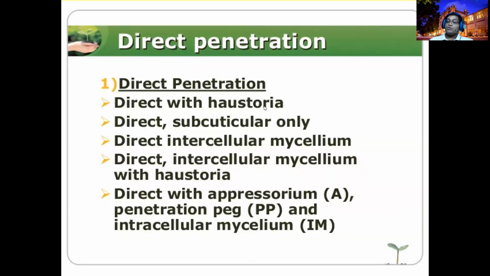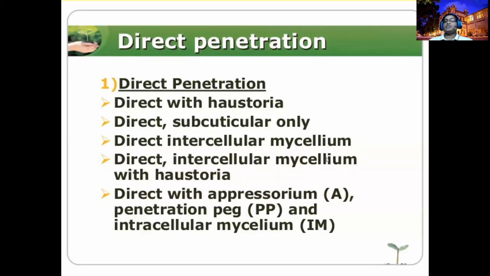Either it produces haustoria directly, or the subcuticular mycelium can produce haustoria. Once this haustorium is produced, the mycelium will advance further and produce another structure we call an appressorium.